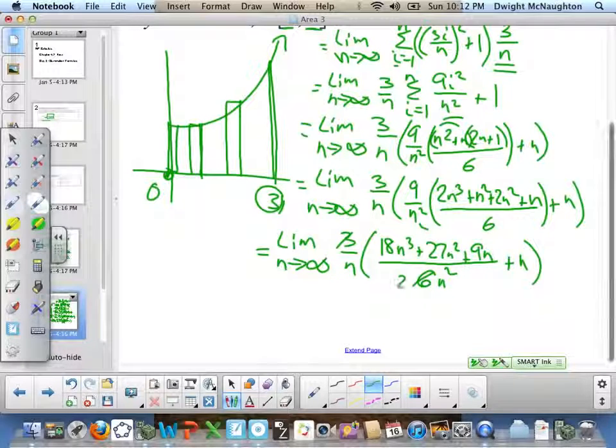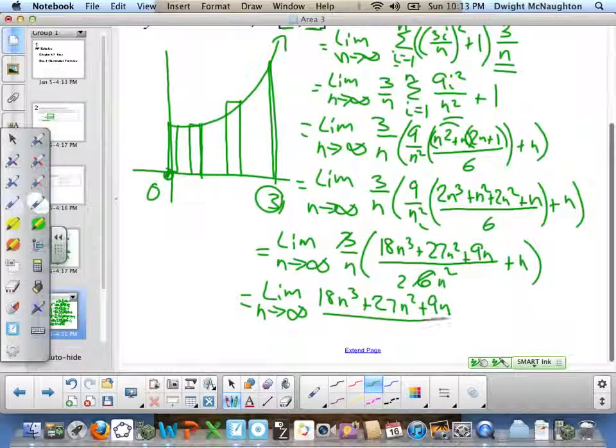That can cancel and just distribute 1 over n to the 2. So as we distribute this, we get 18n cubed plus 27n squared plus 9n over 2n cubed, plus, this time we can't cancel the 3, so this would be 3n over n because there's no 6 to cancel it with, so we just leave it.